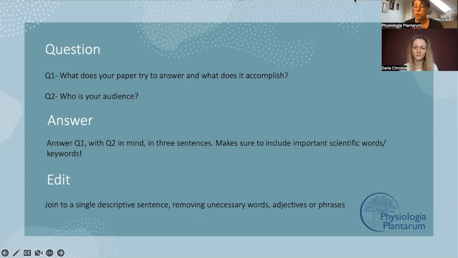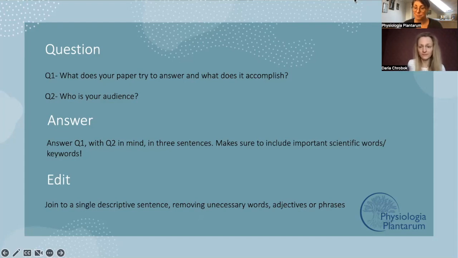And you should also place these important keywords and scientific words in the beginning of the title, because a lot of search engines and databases just index the first part of a title or a couple of words, not the whole title. So it's important that these come first so people can see it and maybe click on it, and also for the searchability.